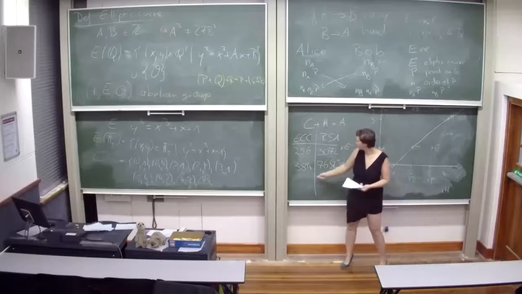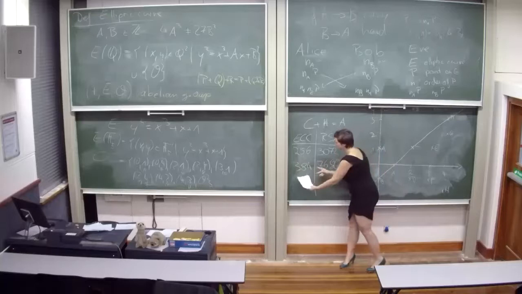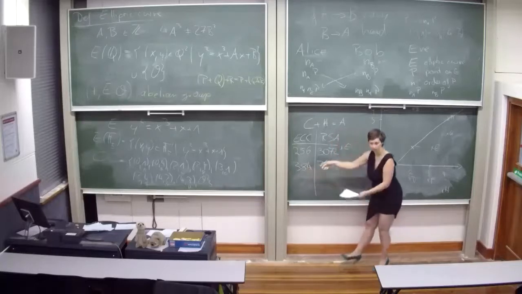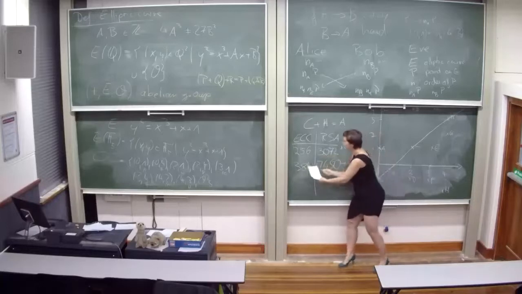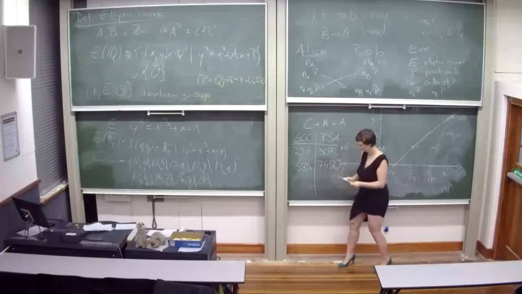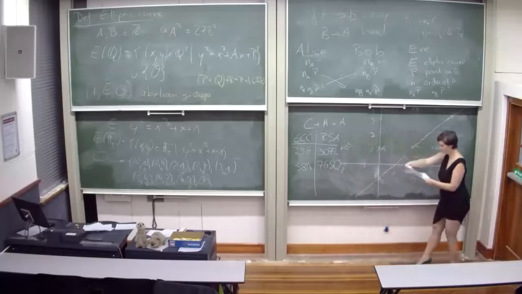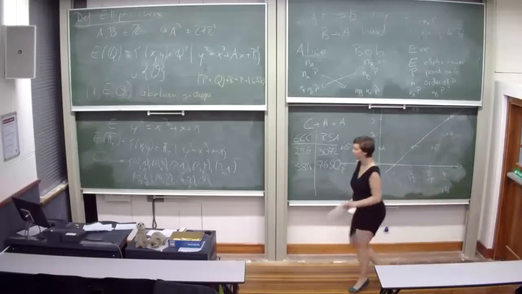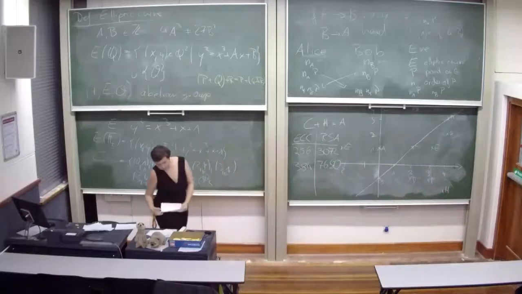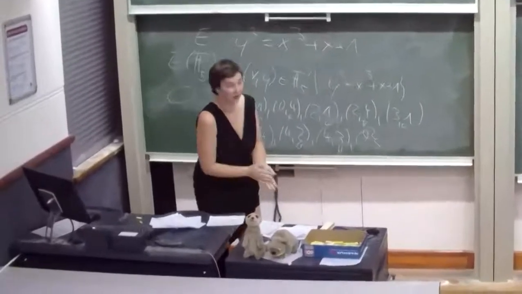So you have the same amount of work getting that key for the same key size, but you would need a really, really big key to get the same security.